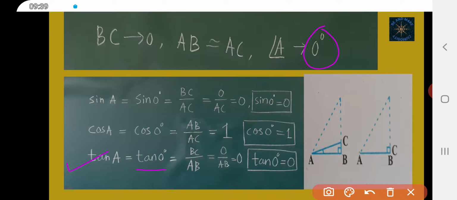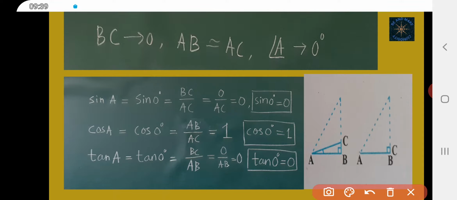So tan 0 degree, you know, P by B. Here P is your BC, which is approximately equal to 0, and B is your AB. So BC by AB, that is 0 by AB, is equal to 0. So tan 0 degree is equal to 0.